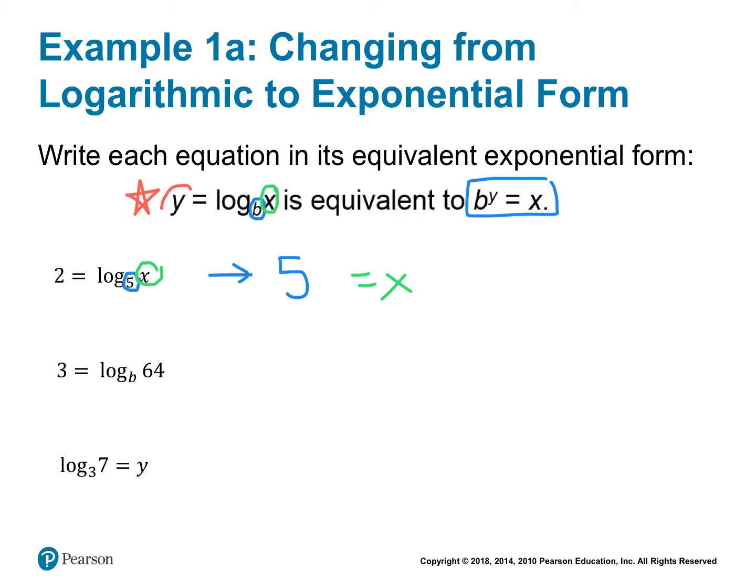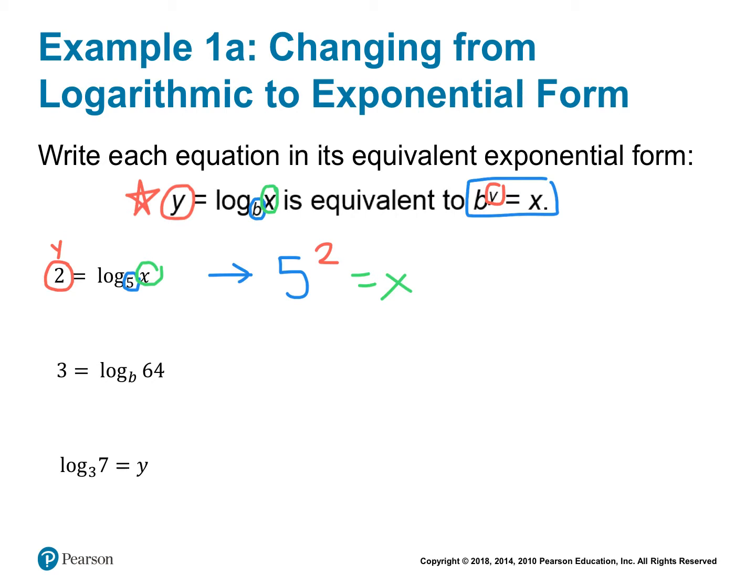And if I look at my y, it's located in the exponent. So the y goes up in the exponent. So 5 squared equals x. That would be the exponential form of this log function.